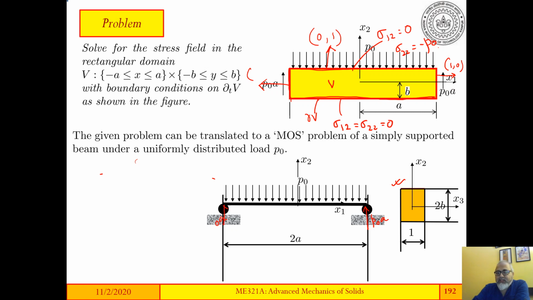So the total moment is 0, total force in the x direction is 0, and total force in the y direction is equal to P naught A. These are conditions that would apply at x1 equal to a as well as at x1 equal to minus a. But we are going to write this for x1 equal to a only because the ones at minus a would be identical.